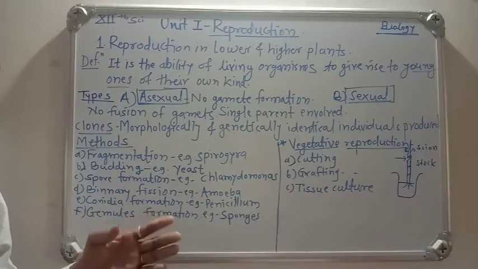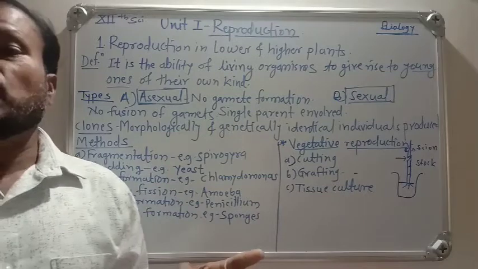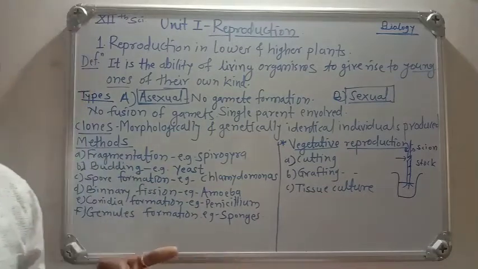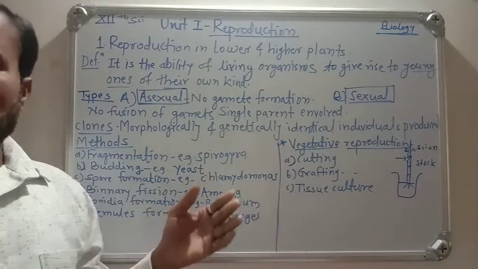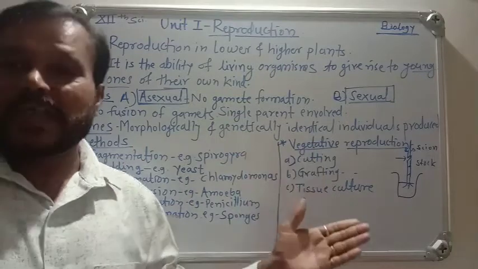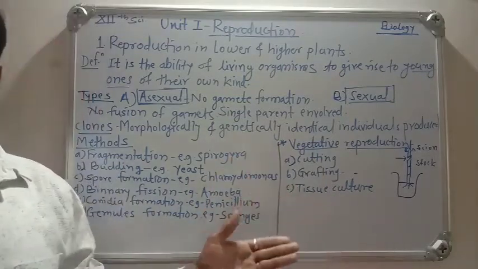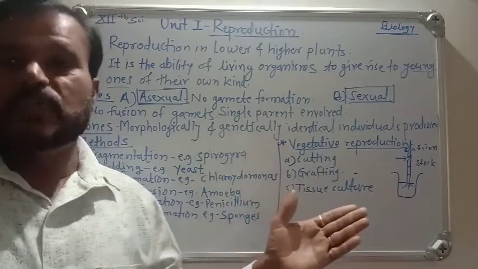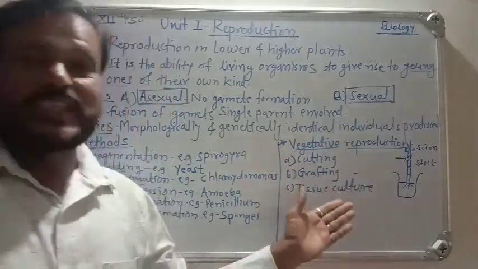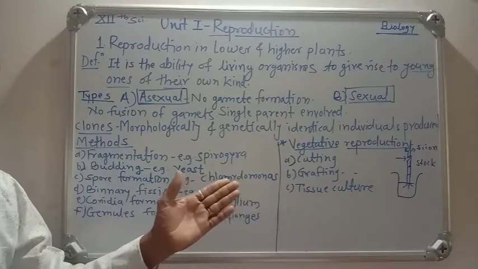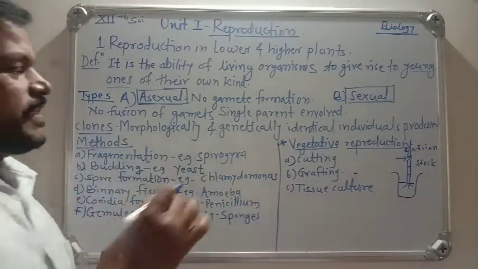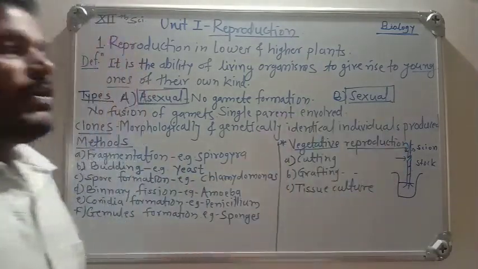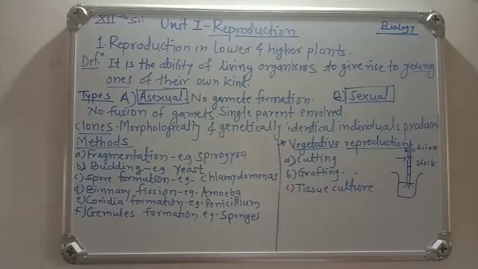That is reproduction with the help of stem, rhizomes, roots, stolons, and examples such as potato, sweet potato, beet, onion bulbs, garlic bulbs, then oxalis, etc. So here we are studying in detail the artificial methods of vegetative reproduction.